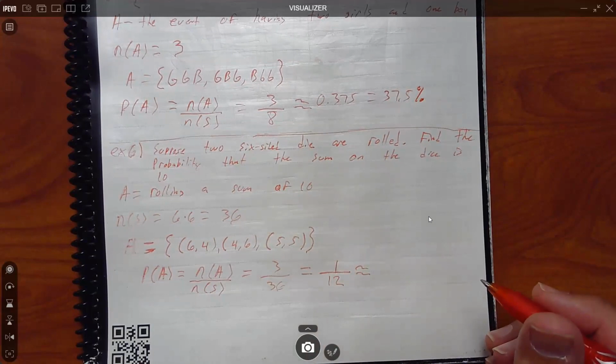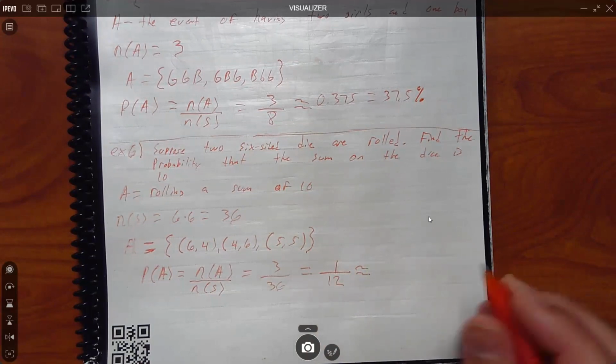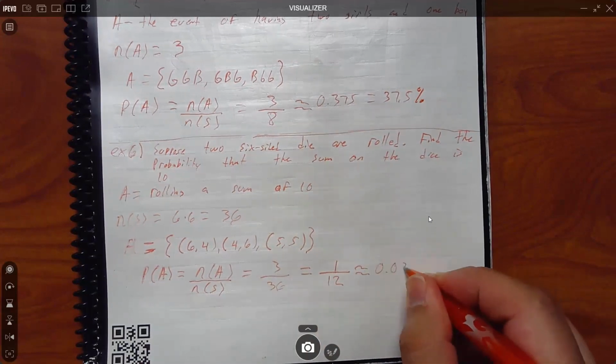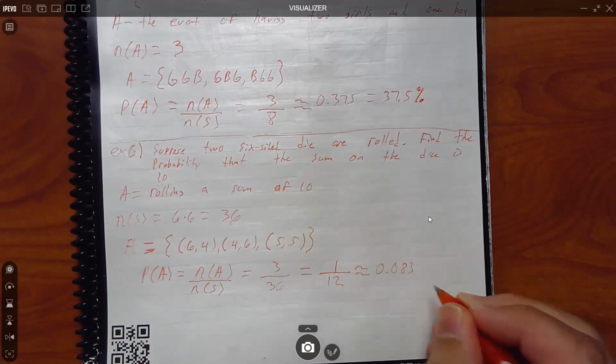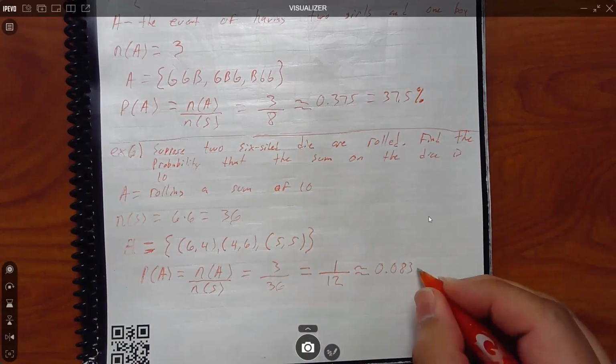It's 0.083. Bunch of 3s or just random? Just bunch of 3s. Okay.